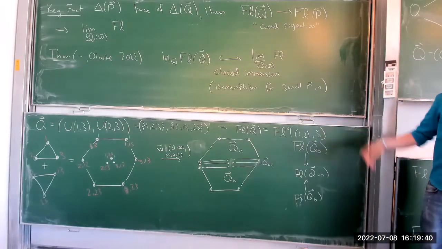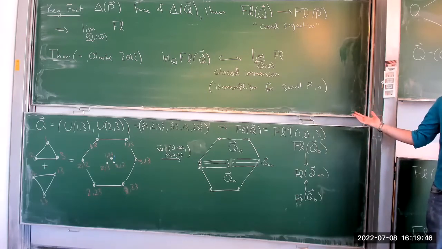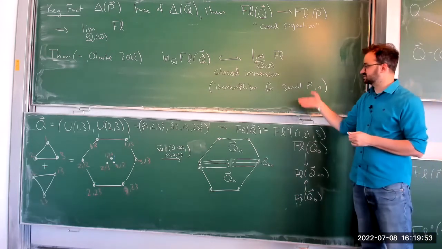I'm going to be a little bit vague about what I mean by this, but the usefulness of this theorem, at least for our purposes, is when this is an isomorphism. And for a number of interesting small cases where we can compute things, it is an isomorphism.